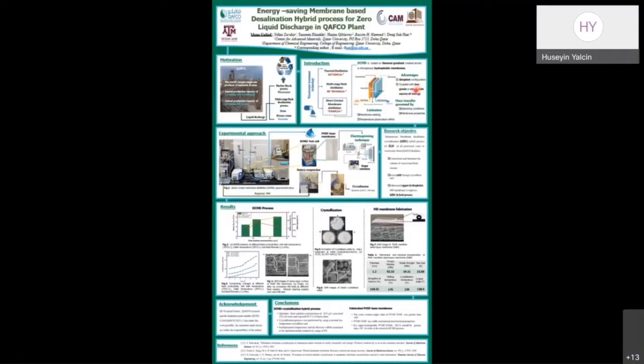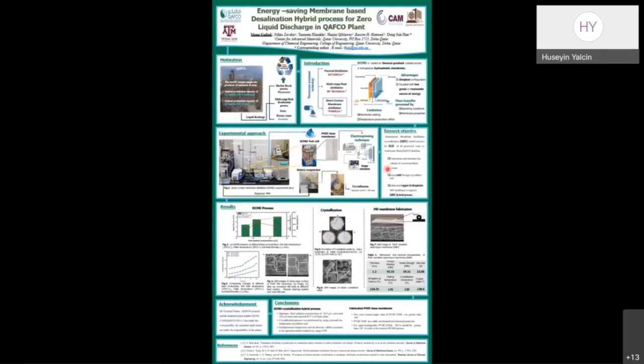The advantages of this system are its simple configuration as well as the low-grade energy requirement, so we can use a renewable source of energy. However, the drawbacks of this system are the membrane wetting issue and the temperature polarization effect.